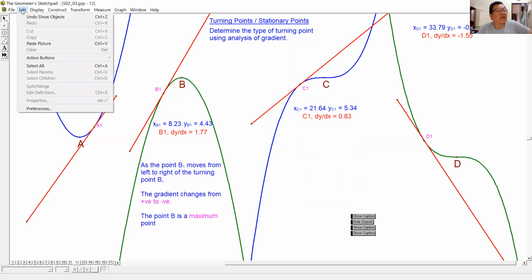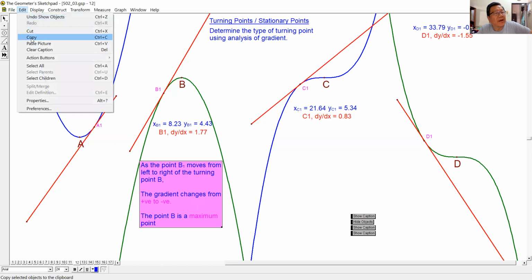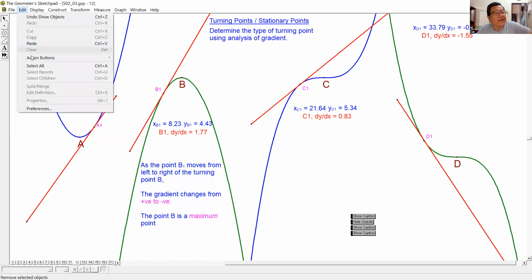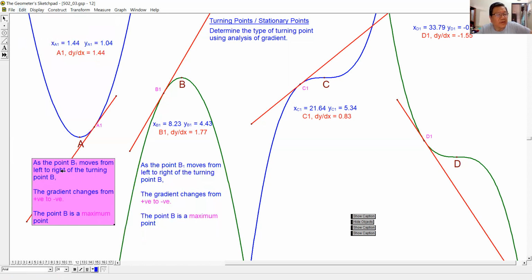Aduh, deleted off already. I don't know how many times I can reverse. Never mind. I copy here, then I say copy, then paste. So I take this, I move over to this side.